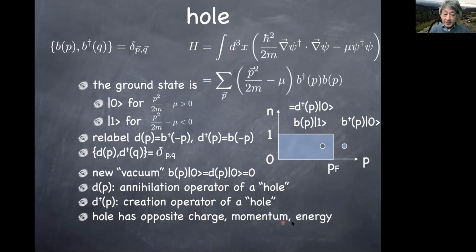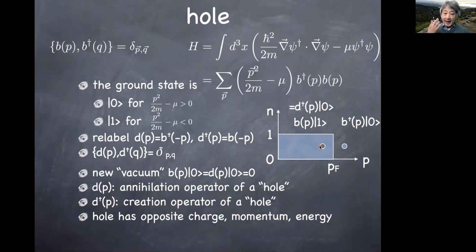And also it's obvious the momentum is reversed, because when I define D of P, this is B dagger of minus P. Namely, if you create a particle of momentum minus P, that's the same thing as removing a hole of momentum P. If you remove the particle with momentum minus P, that's the same thing as creating a hole of momentum P. So that's important: when you define this idea of a hole, creating a hole here means you're removing the charge of the electron that's negative.